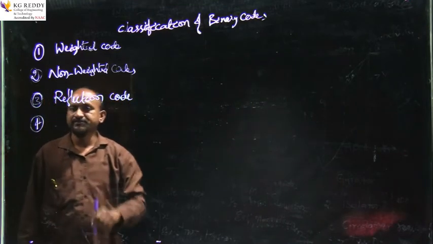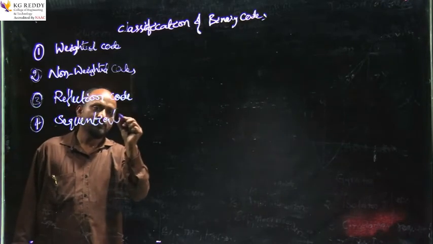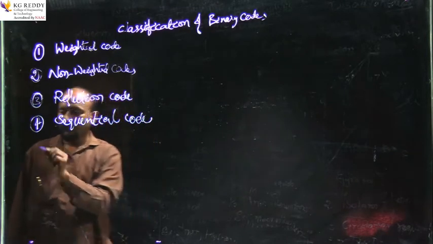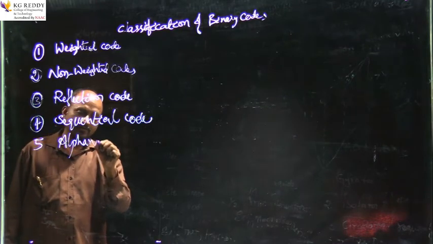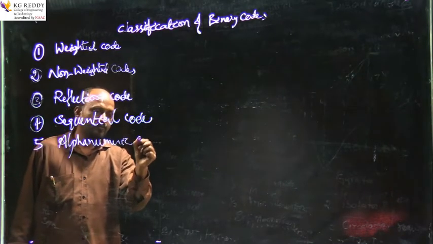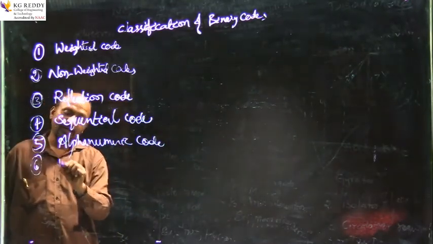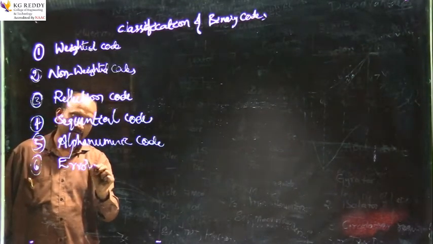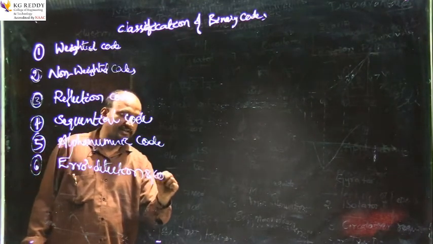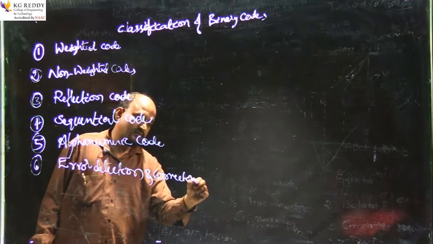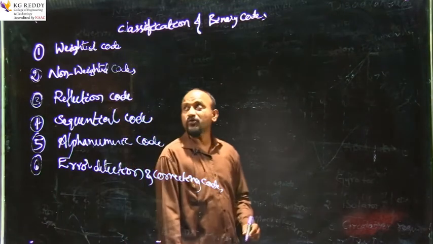Fourth one is sequential code. Fifth one is alphanumeric code. The last, sixth one is error detection and correcting codes. We'll talk about each of them one by one.